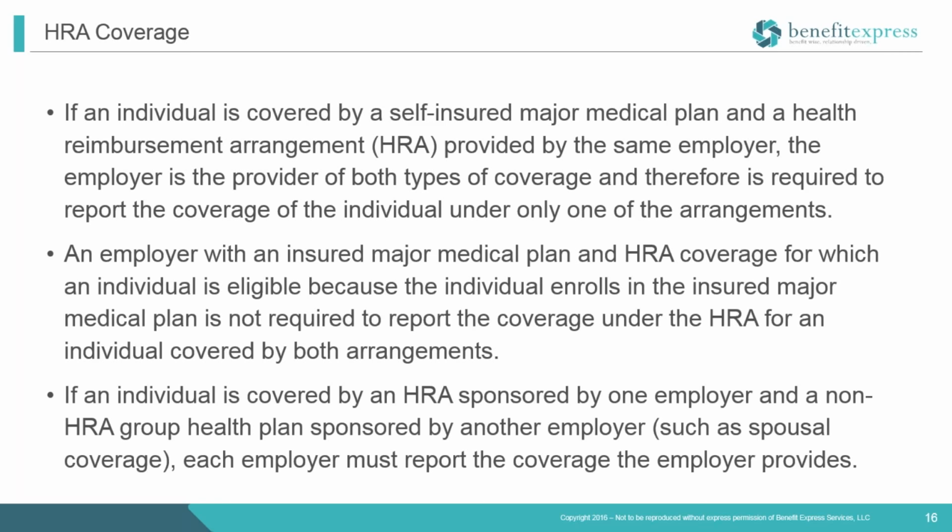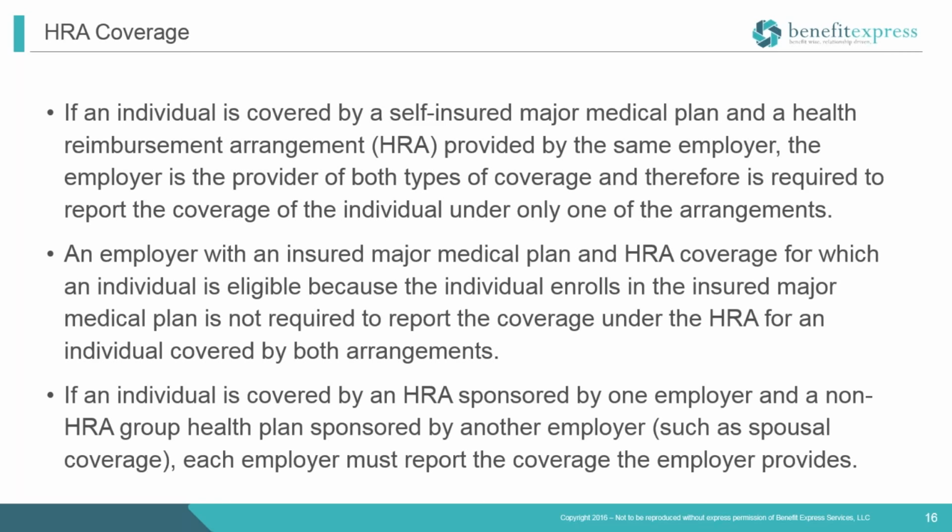The only time there's a separate filing for the HRA, and there are a few employers that do this, is if you allow employees that are covered by the spouse's plan to get reimbursed. In that situation, you would have to file a separate 1095-C or B for that HRA. Please understand that. That's what this slide is trying to say.